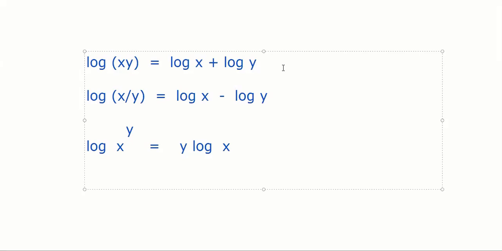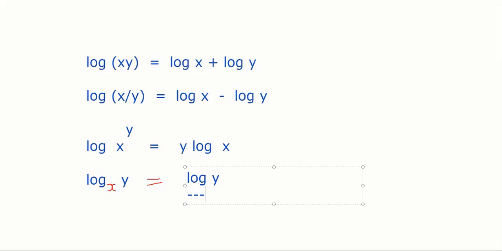There are other things. Suppose log of y to the base x. This is very important. Log of y to the base x. Now let me write x as a separate entity. If you want to change it into some other base, then it becomes log of y by log of x, and the base of both these logs will be the same.